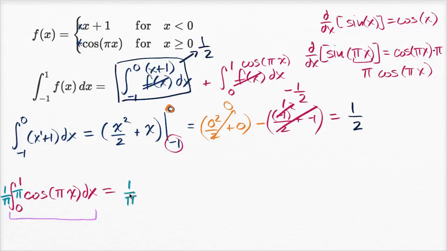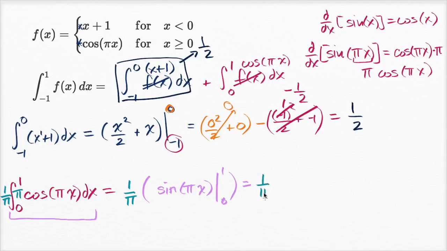So this is equal to 1 over pi times, now we're going to evaluate, so the antiderivative here, we just said is sine of pi x, and we're going to evaluate that at 1 and at 0. So this is going to be equal to 1 over pi, not pi.